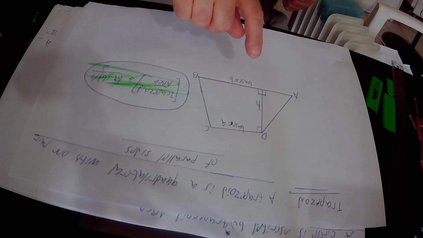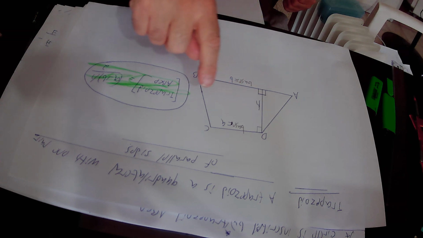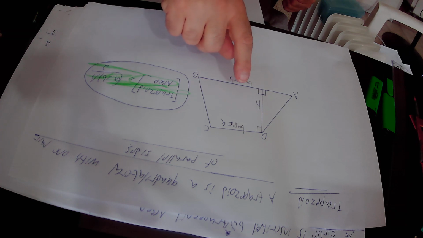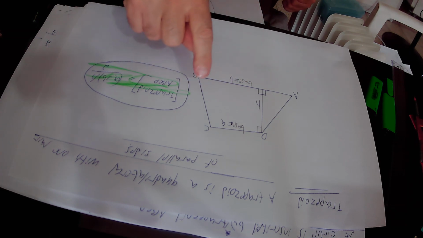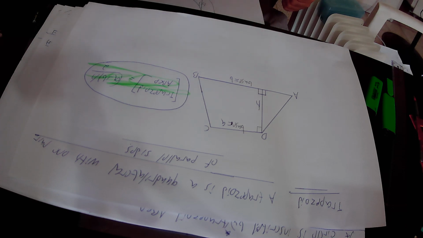And because side DC is parallel to the opposite side AB, those two parallel sides are defined as the bases of this trapezoid. So DC is one base and AB is the other base.